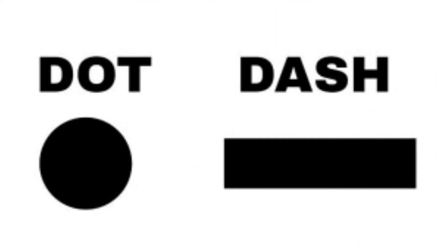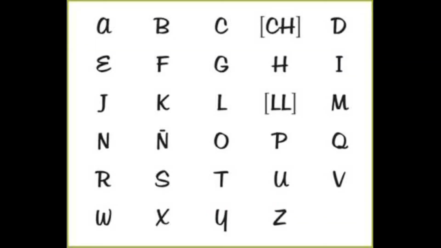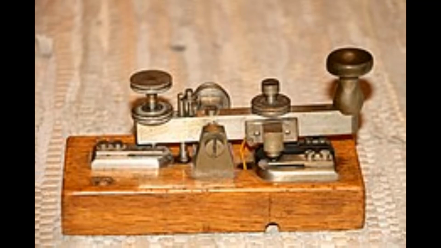A gap between two characters of a word is 3 dots or a dash, and a gap between two words equals 7 dots. The code is made for English, but many languages use more than 26 letters. The code was made for those also.